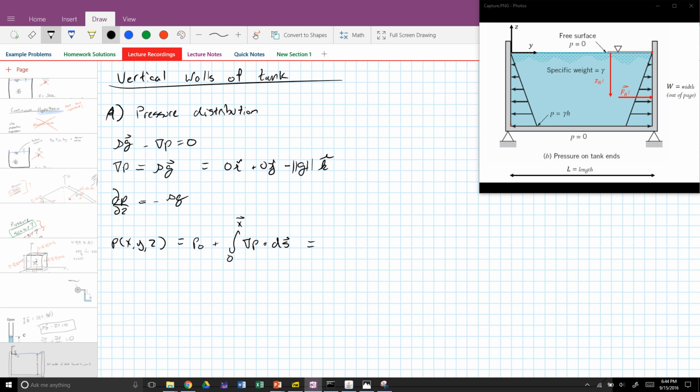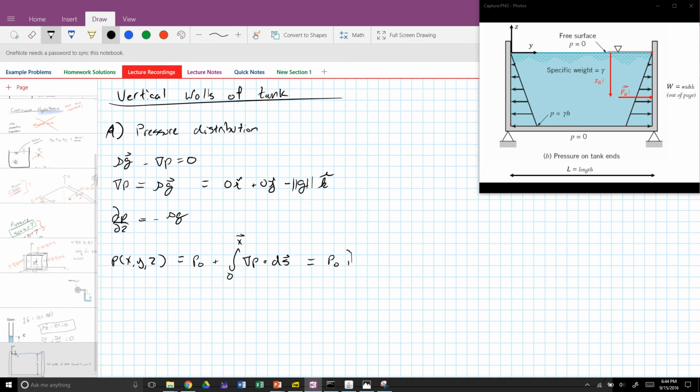Because grad p contains only one component, along the z-axis, this will be equal to p naught plus the integral from 0 to z of dp dz times dz.